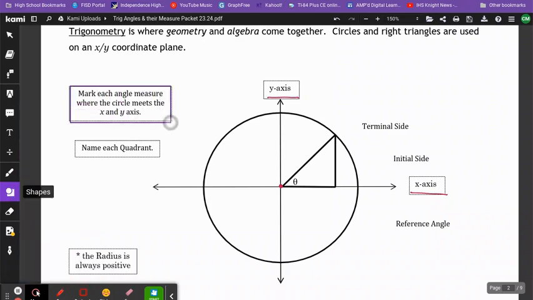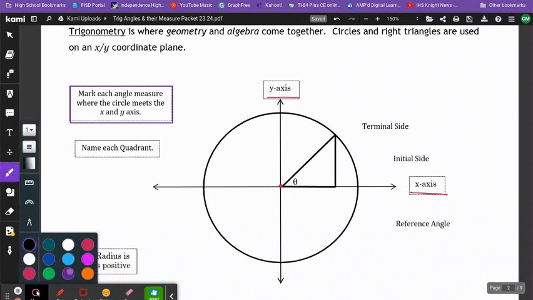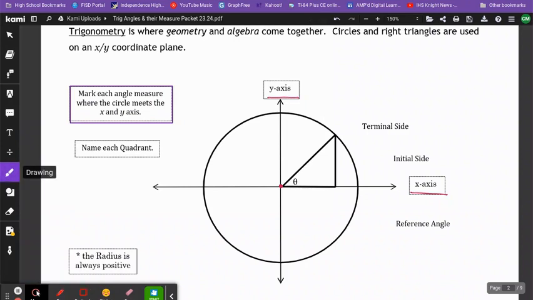So I'm looking at this right here. We start at 0 degrees, and this spot here is going to be our start and our finish. So we start at 0 degrees. A full circle is a total of 360 degrees. So both of those land here at this particular spot.